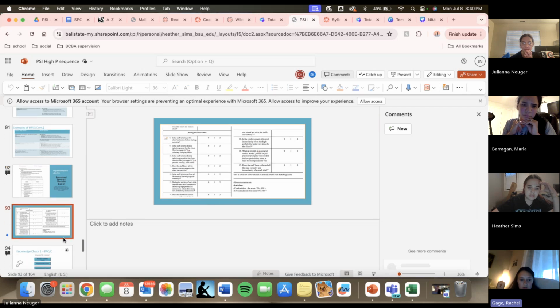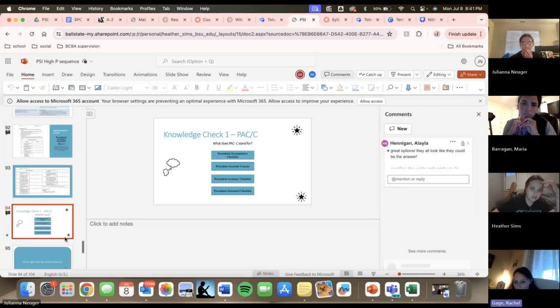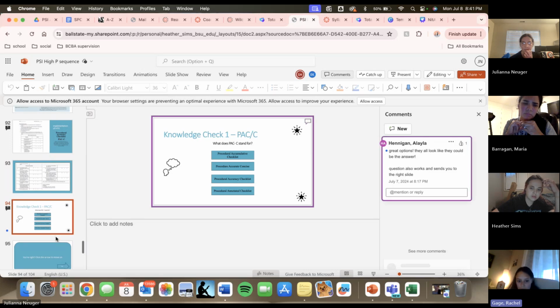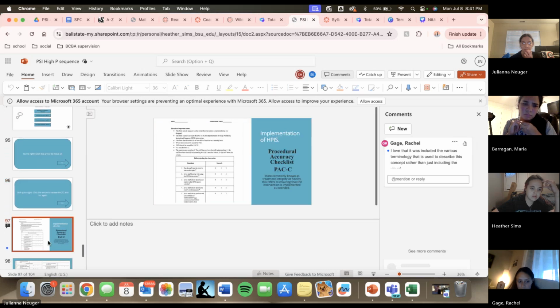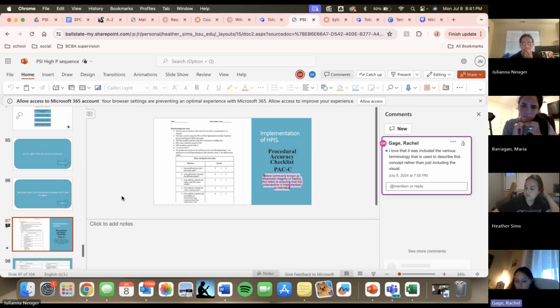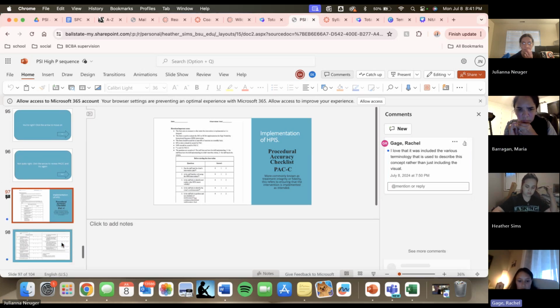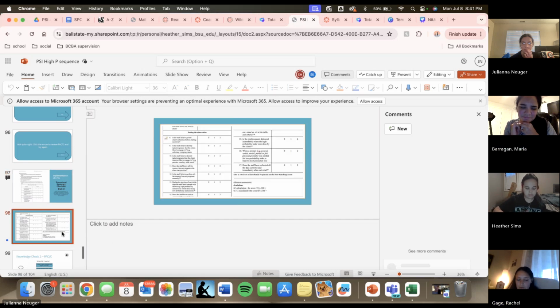So let's see. We're nearing the end. Positive feedback from Elila on this one. I just added, I love that it included various terminology for treatment fidelity and treatment integrity.